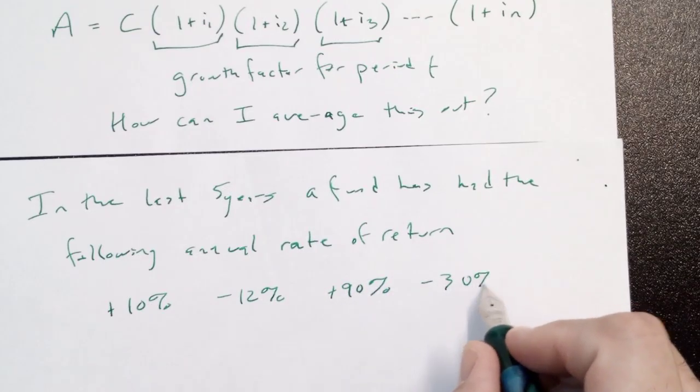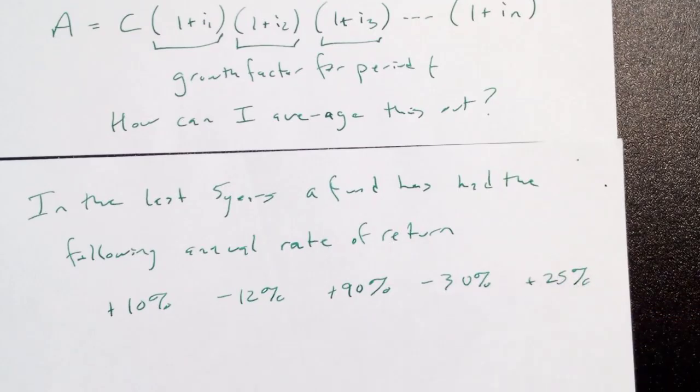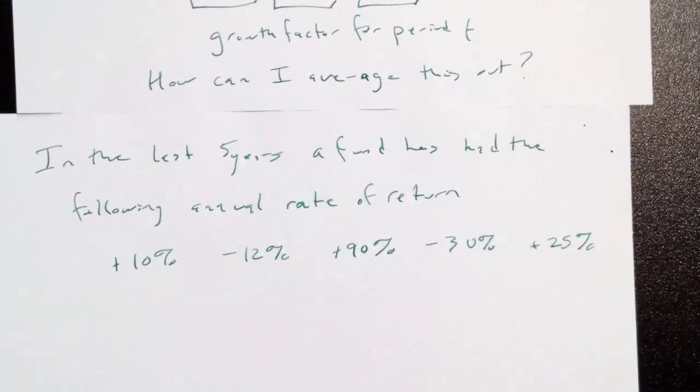Followed by a minus 30% year, and then a plus 25% year. If I think of this instead of 5 1-year blocks as 1 5-year block, how did I do over the last 5 years?